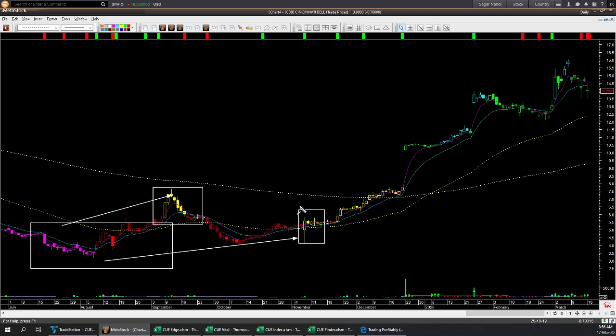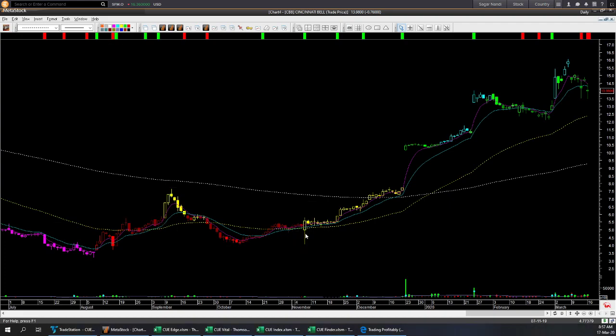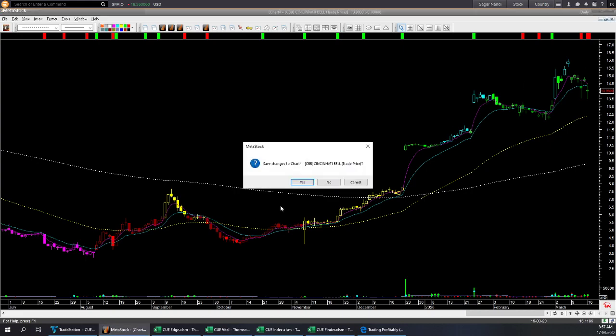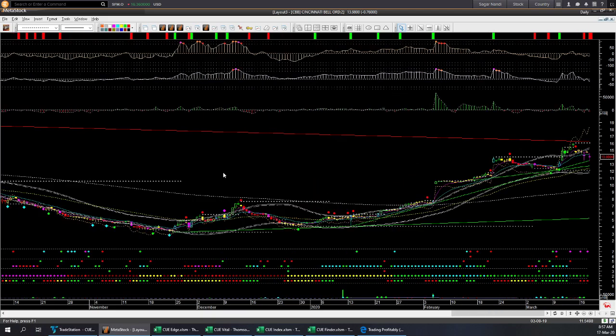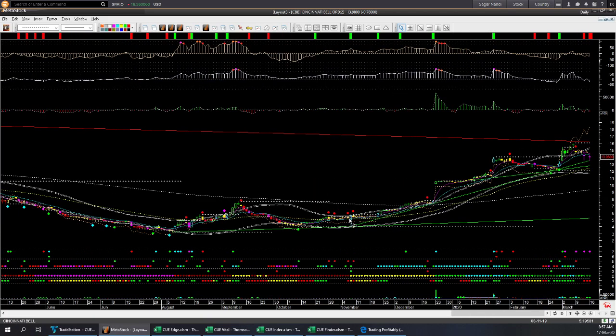So now if I switch to the go with flow setup, meaning entry chart template, and if I get a cyan color candle somewhere in November, that would be the optimal point. Let me close this, go back to November. The cyan color candle came here.